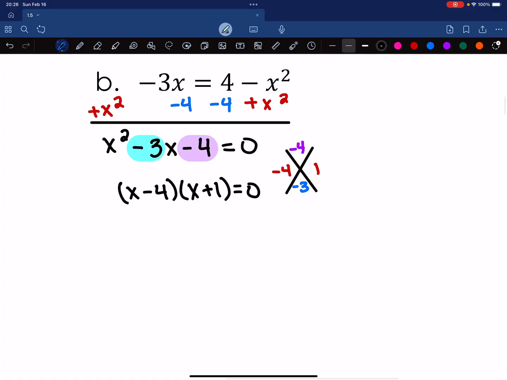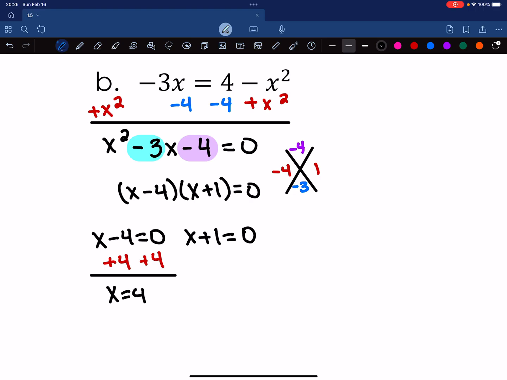Then you can set each factor equal to 0 to solve. We'll add 4 to both sides, and that will give us x equals 4. On the second one, we will subtract 1 from both sides, and that will give us x equals negative 1.